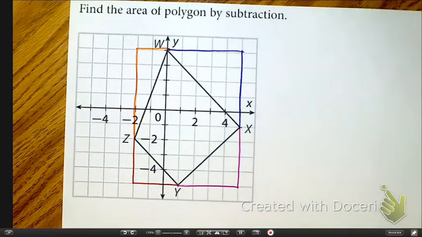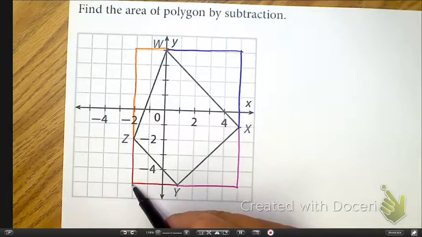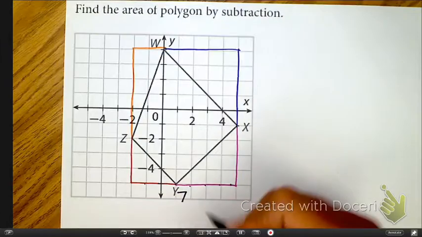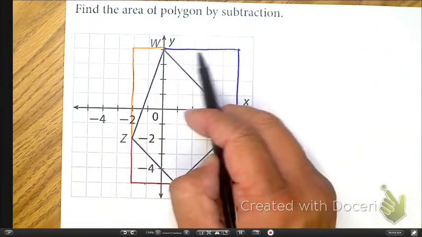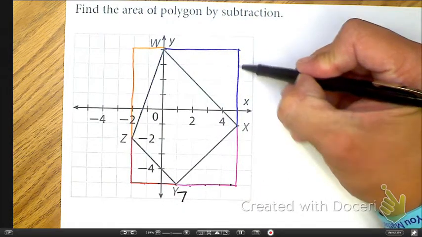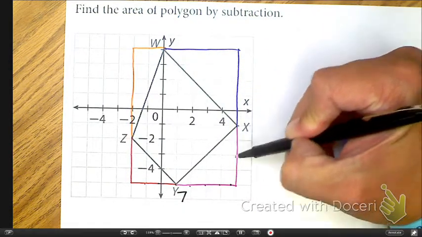If we do that, we've constructed a rectangle around our polygon. Our rectangle has a base of 7. 1, 2, 3, 4, 5, 6, 7. Double check it on the top. It has a height of 1, 2, 3, 4, 5, 6, 7, 8, 9.